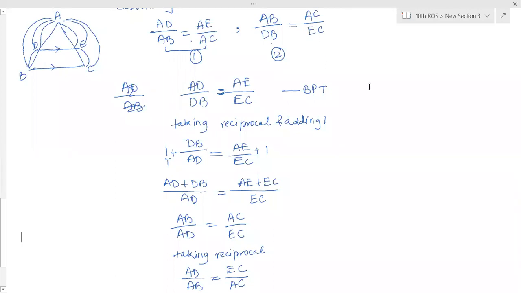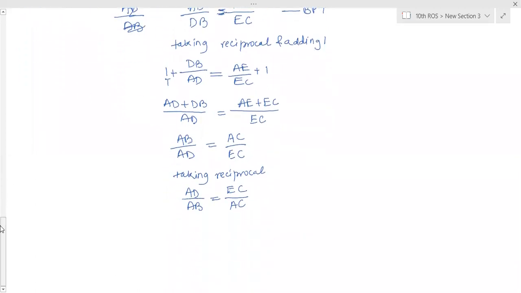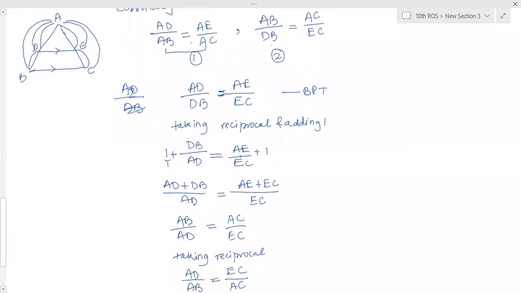Ma'am, a doubt. The question, it is AD by AB is equal to AE by AC. Yeah, right. This point I have written wrong. I have not taken reciprocal here. Here it should be reciprocal, no?